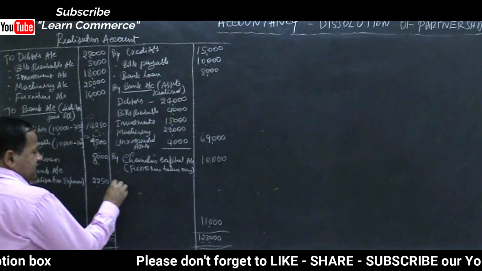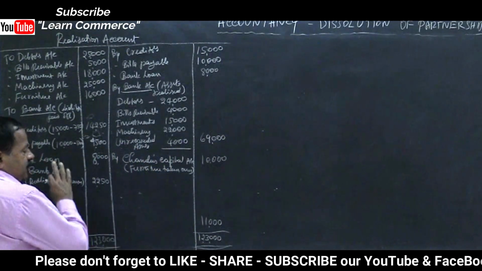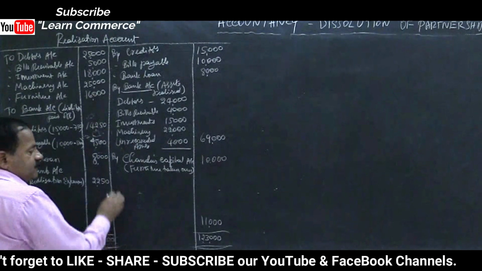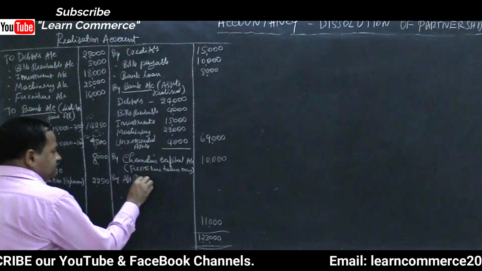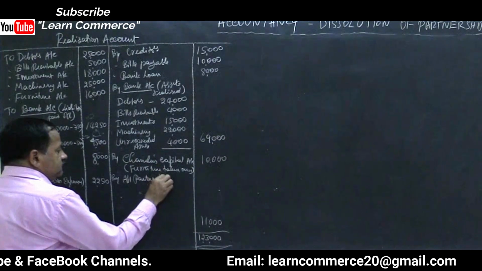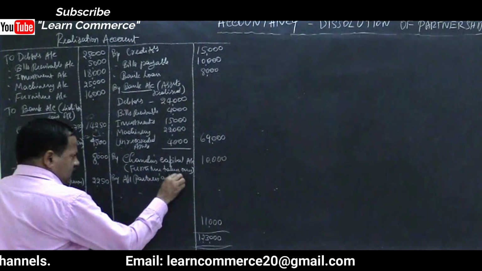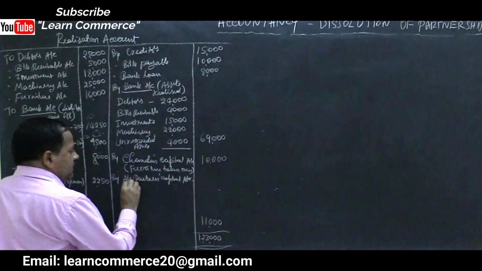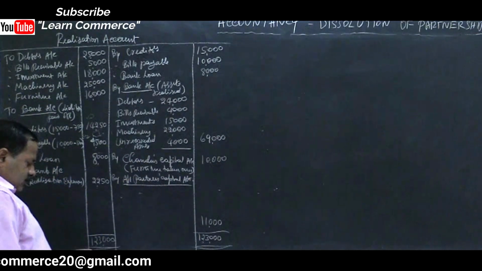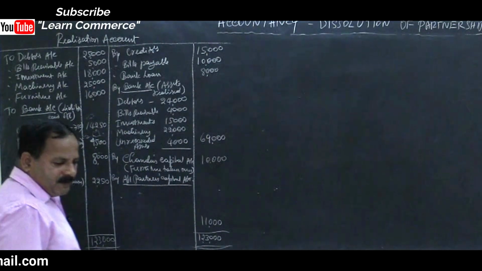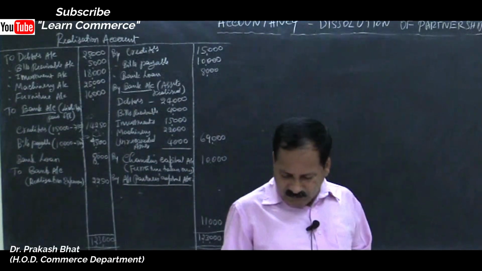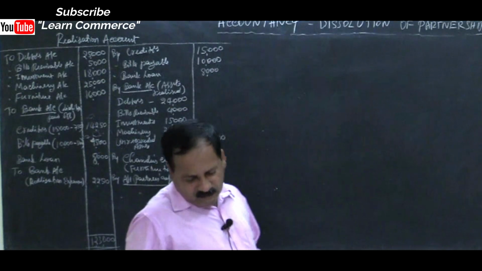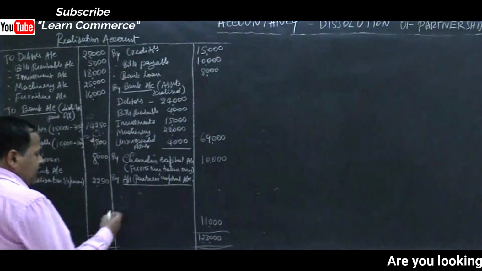Now we take this. 11,000 is the difference. This is a loss. The debit side is greater than the credit side, so it is a loss borne by all partners' capital accounts. Under that, write who are the partners: Anand, Chandu and Vijay, right?